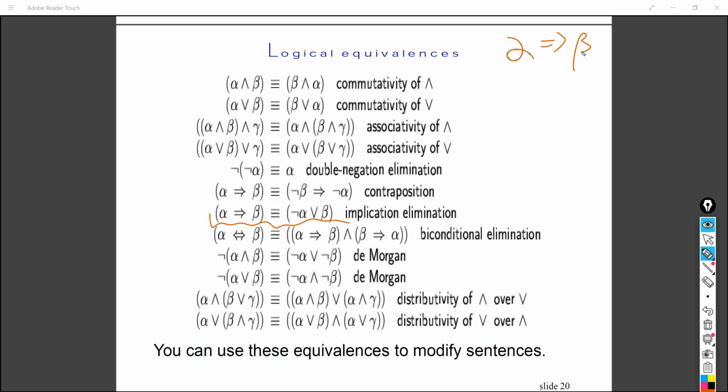So just now you remember if alpha is false here, then no matter beta is true or false, this term will be true. If alpha is true here and if beta is true, then it's true. However, if alpha is true and beta is false, then this term is false.